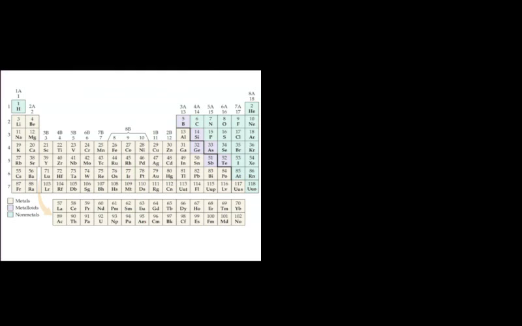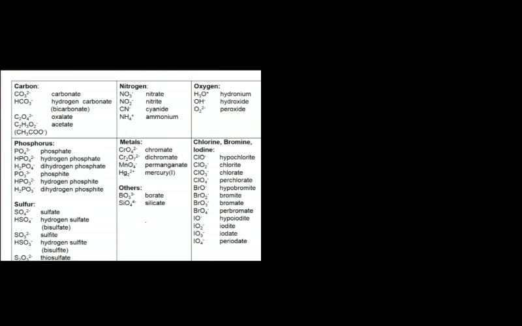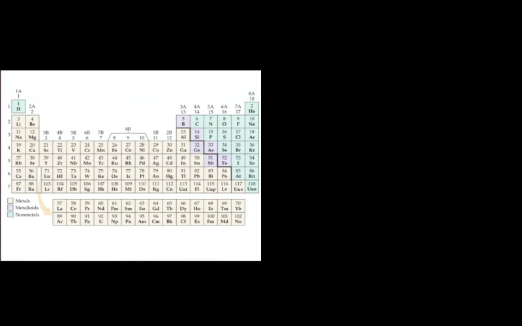So one of the first patterns, and look at all the "-ates" and "-ites", is this. What's the difference between nitrate and nitrite? Two and three oxygens. So you're saying that the difference between the "-ate" and the "-ite" is one oxygen? Yes. Did the charge change? No, it didn't.